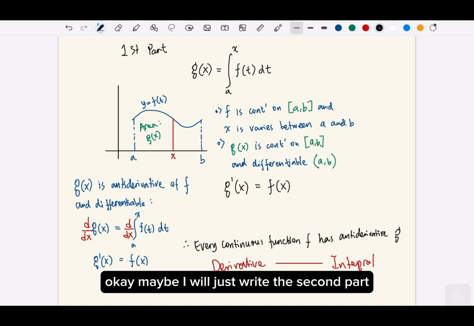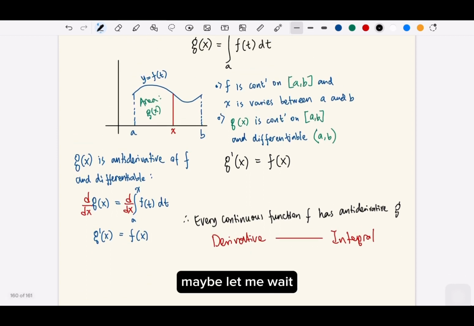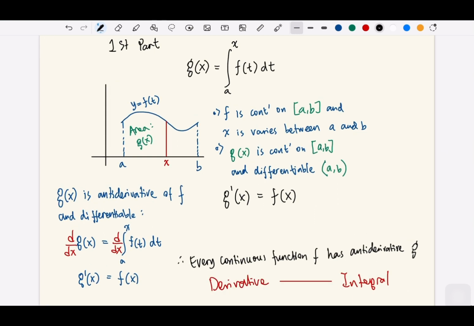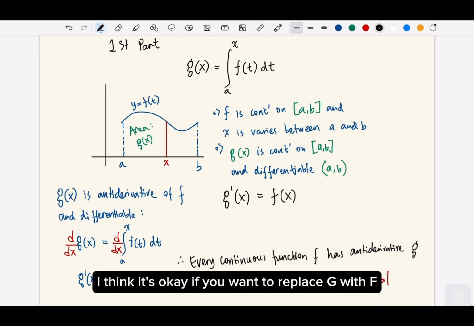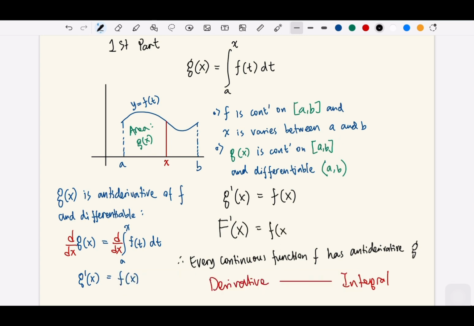Okay, maybe I will just write the second part on the same page. Okay, so this is the first part. Second part, maybe let me wait if you want to write the notes here. I think it's okay if you want to replace g with capital F like that. It means the same. I will write here F is g.